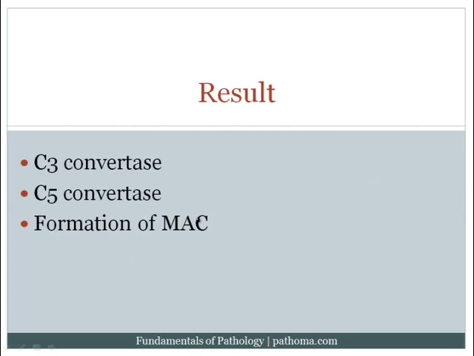The result of activation of complement is a little bit complicated, but can be summarized in just a few simple principles. All pathways lead to the same result, which is that eventually C3 convertase gets generated. C3 convertase converts C3 to C3a and C3b, and then C3b joins in to help produce C5 convertase, and C5 convertase converts C5 to C5a and C5b.